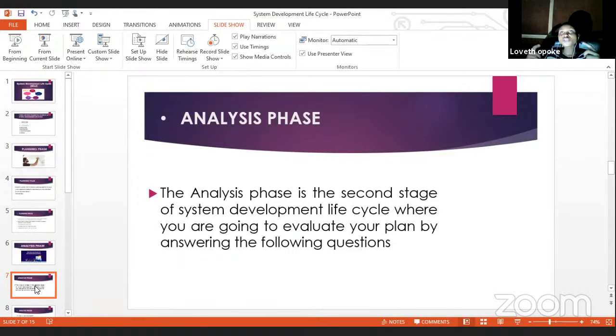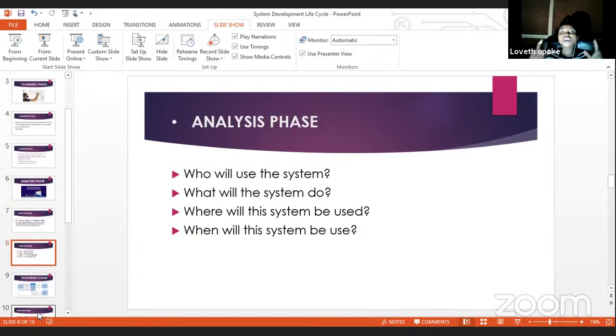You analyze your plan by asking yourself, who will use the system? What type of people are going to use the system I'm about to build? Are they literate or illiterate about technology? How will this system look? Should I add icons that will direct these people on how to use the system? These are the things you analyze.